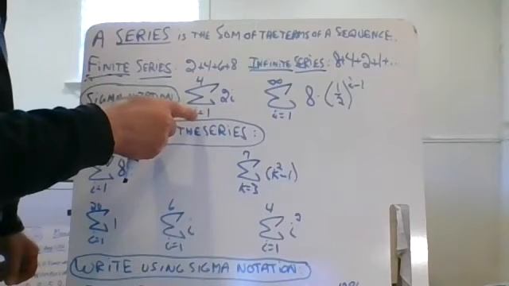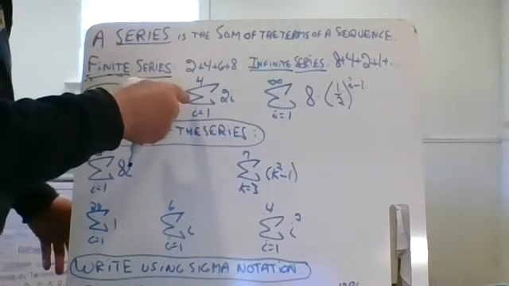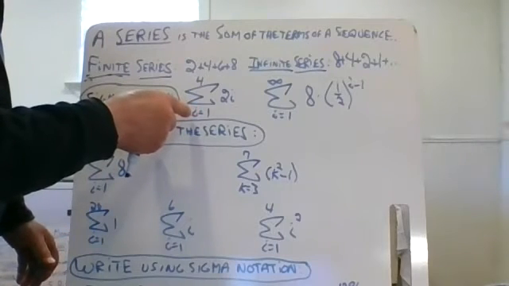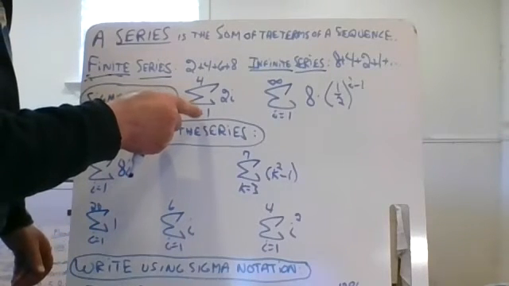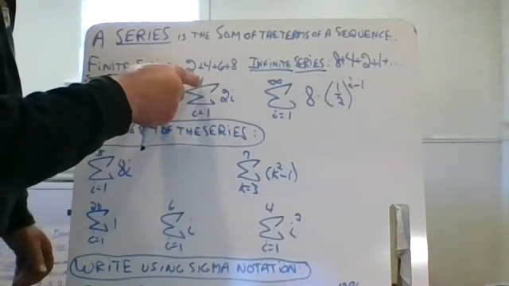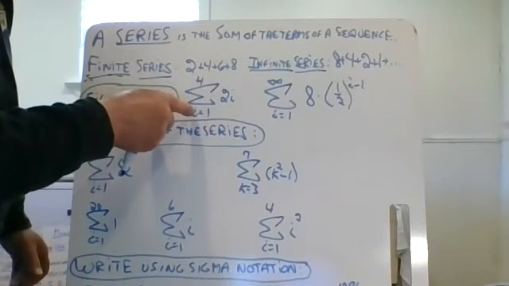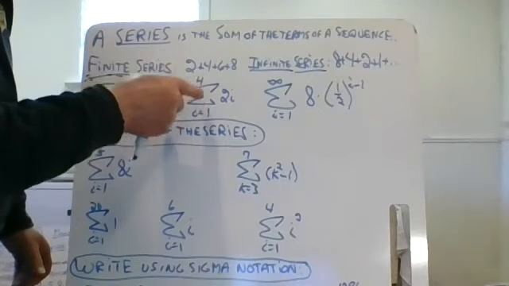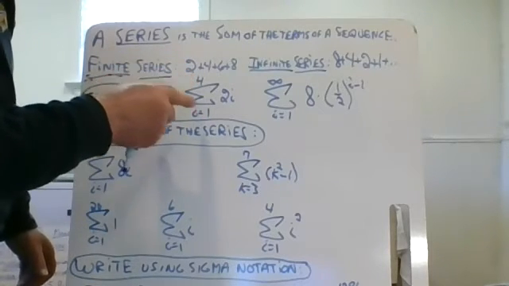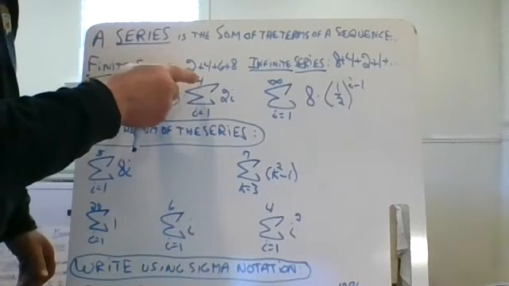The index we use usually is I. You can use N, you can use A. Usually we use I. When we say I equals 1, then the upper limit here is 4. You're saying I goes from 1 to 4, incrementing by 1. So I would be 1, 2, 3, and 4.